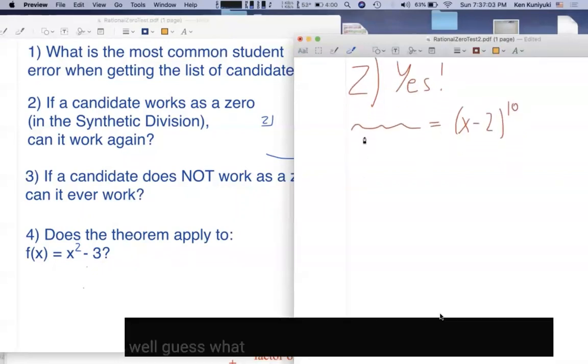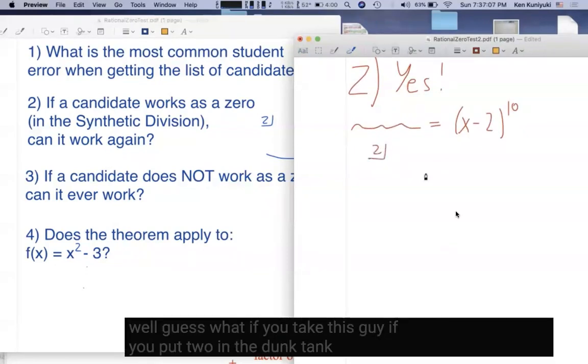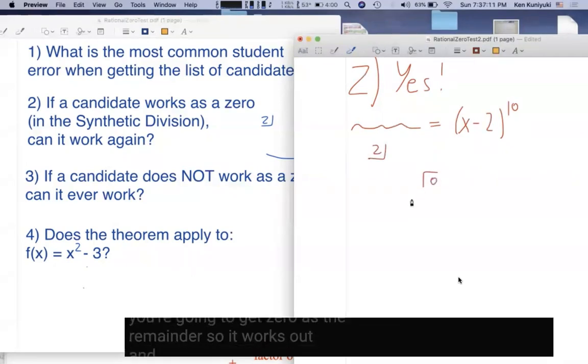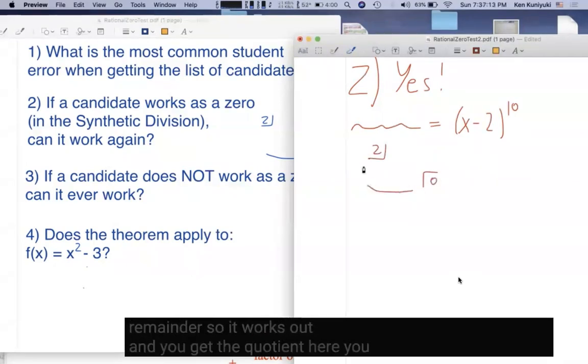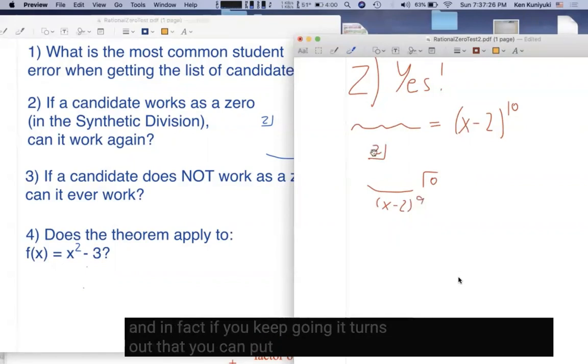Well, guess what? If you put 2 in the dunk tank, you're going to get 0 as the remainder, so it works out. And you get the quotient here. You have x minus 2 times this quotient, which will be the equivalent of x minus 2 all to the 9th. In fact, if you keep going, you can put 2 in the dunk tank 10 times and it'll work out. You'll get a 0 remainder.